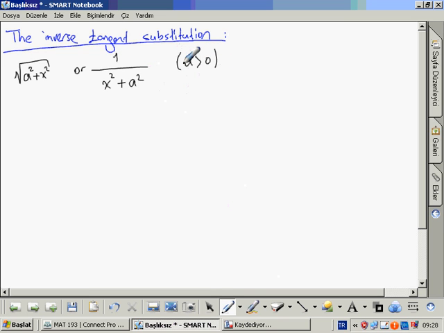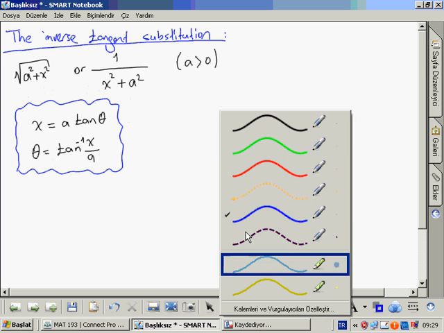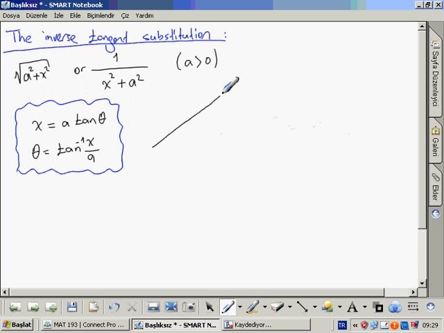When you find a form like this, you can use the inverse tangent substitution, and x equals a times tangent theta, so theta equals inverse tangent of x over a, and our right triangle now has theta, x over a, and the square root of a square plus x square.